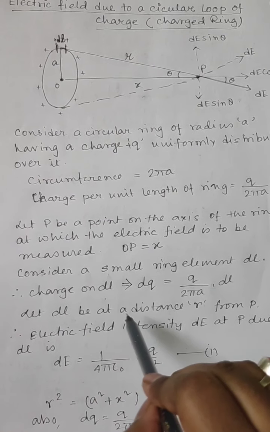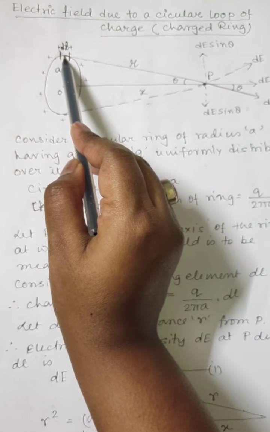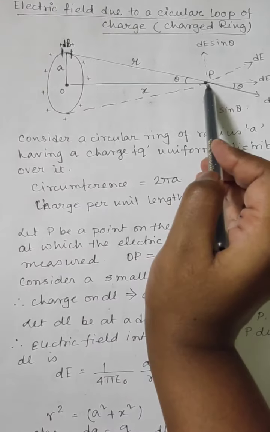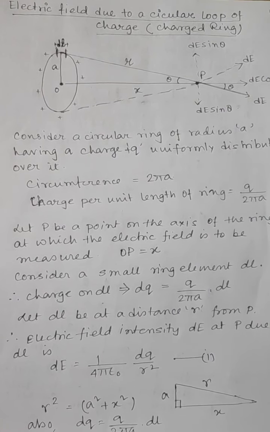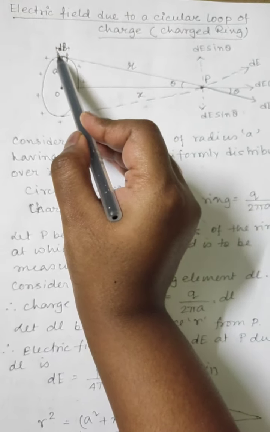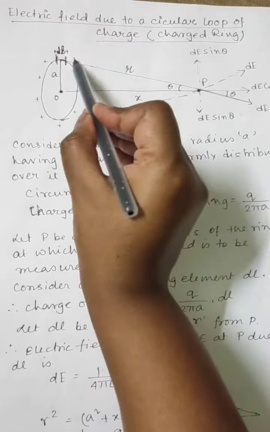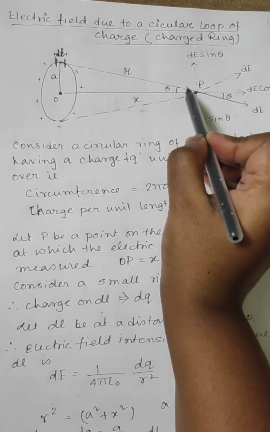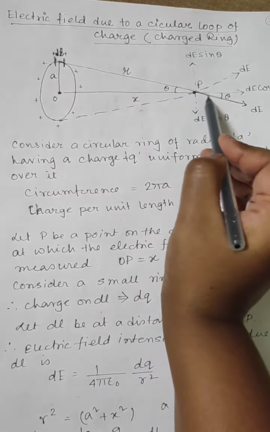Now let dl be at a distance of small r from P. Therefore the electric field intensity due to this small element dl at P will be in this direction. So we will take it as dE in this direction.